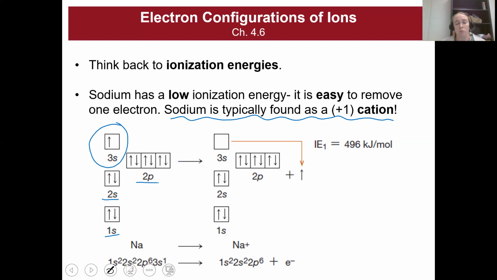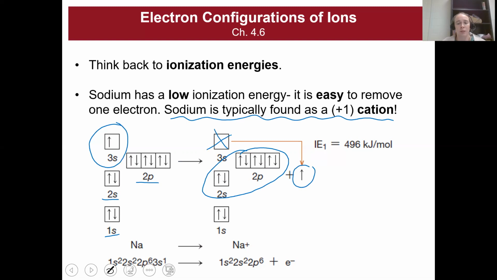Now that we know atoms prefer the electron configuration of a noble gas, with a nice, beautiful full shell, the n = 2 shell, we can tell that sodium is going to want to form a +1 cation and get rid of that electron. So now it's gone.